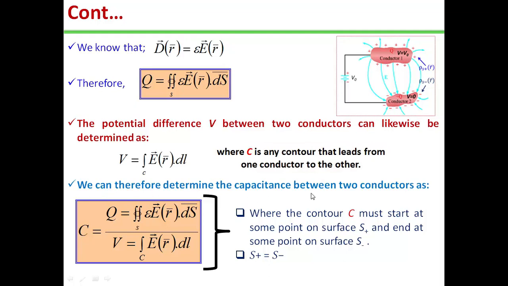Therefore, we can determine the capacitance between these two conductors. That can be written as C is equal to Q by V, where Q is the surface integral of epsilon naught E dot ds and V is the line integral of E dot dl over contour C, where the contour C must start at some point on the surface S plus and end at some point on the surface S minus, where the surface area of S plus is equal to S minus.